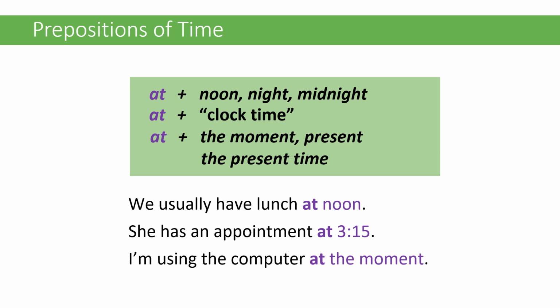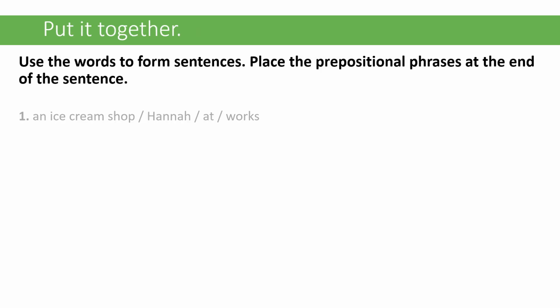I'm using the computer at the moment. Notice that the difference between at present and in the present is the word the. Also notice with the present time, even though we have the, we also have the word time, and that changes it to the preposition at rather than the preposition in.